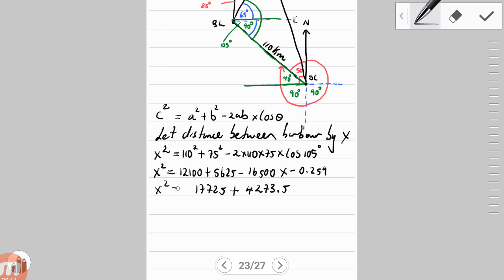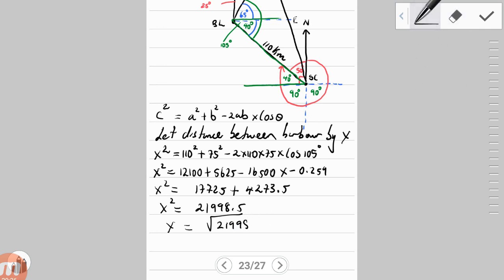If we add that to 17,725, we find that x squared works out to be 21,998.5. Now quickly, to find x, we find the square root of this value.